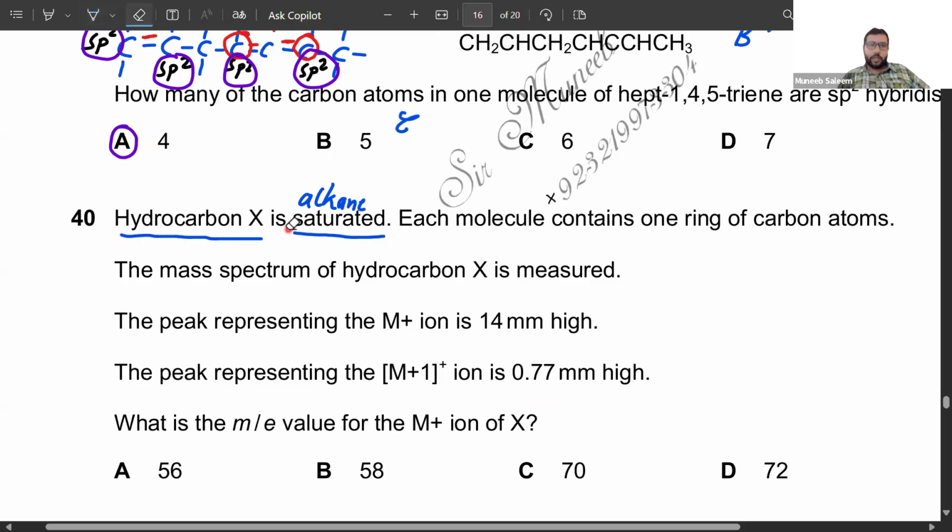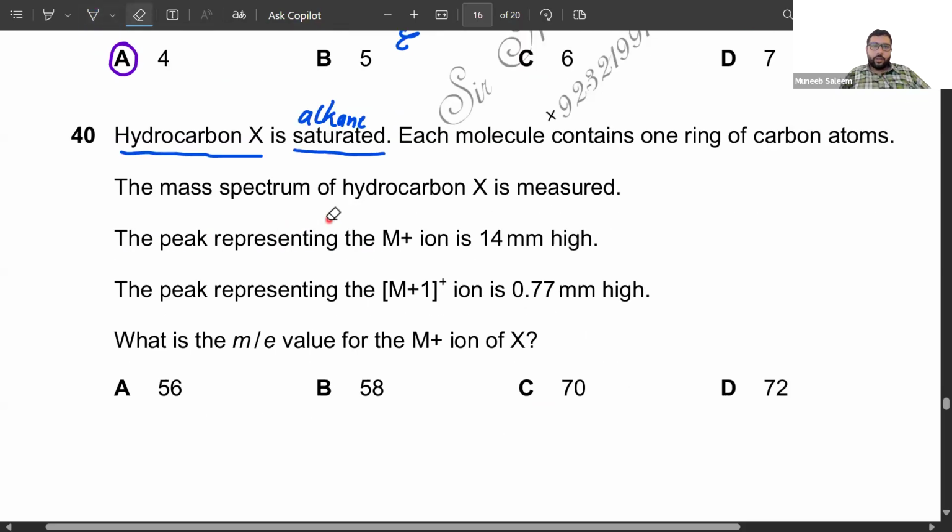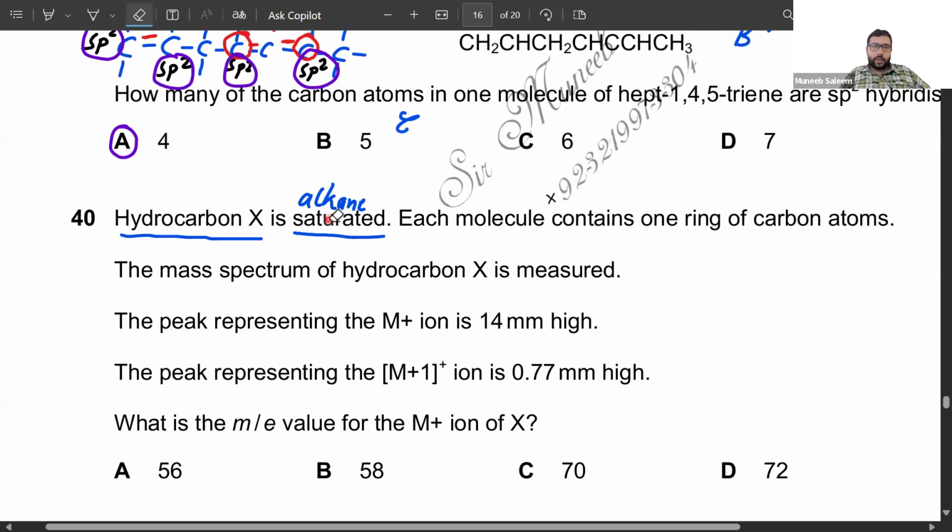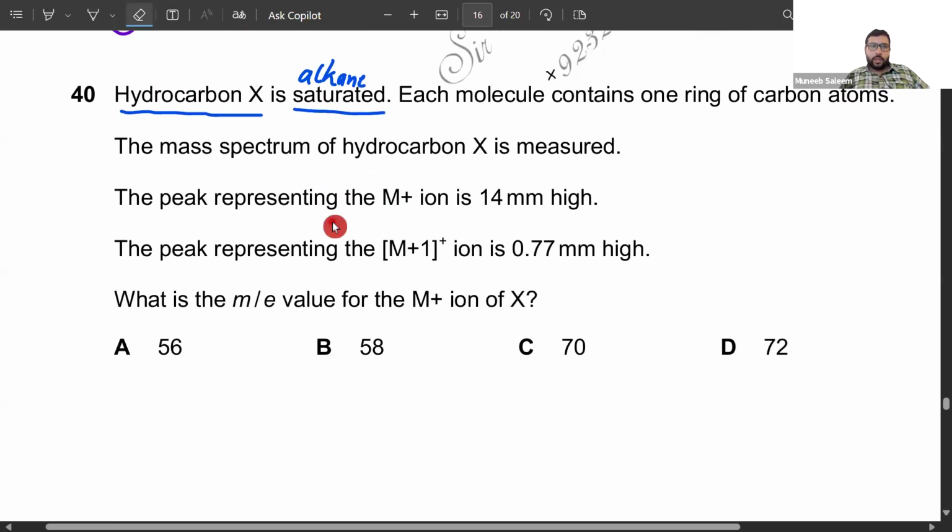One more thing, it has a ring present in the compound. There's only 1 ring of carbon atoms. That means it should be a circular molecule or closed structure of hydrocarbon that we have to find.